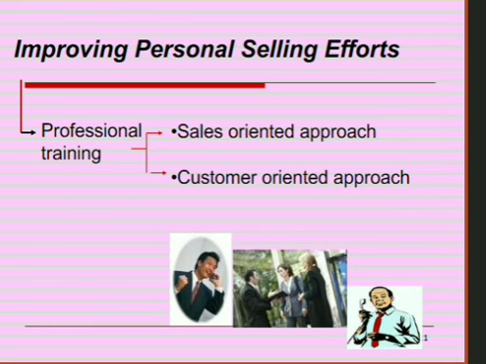The main objective of the training program is to equip the sales personnel with the skills required to convert prospective customers into buyers. To give professional training, companies may adopt 2 types of approach: the sales oriented approach and the customer oriented approach.